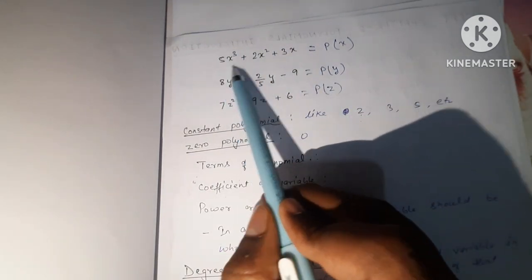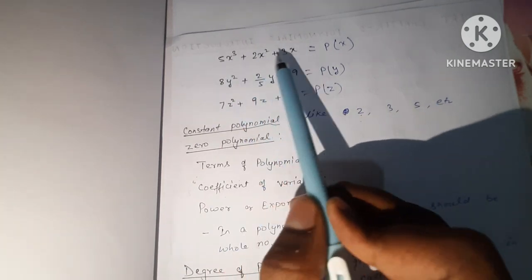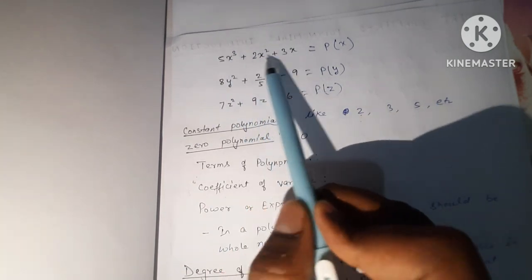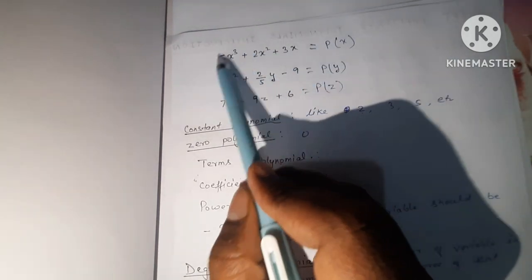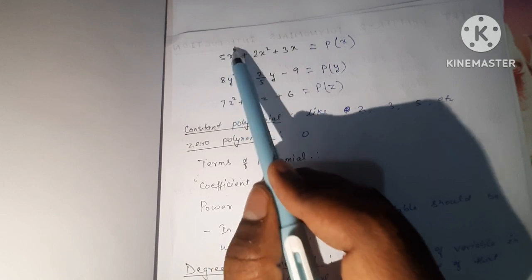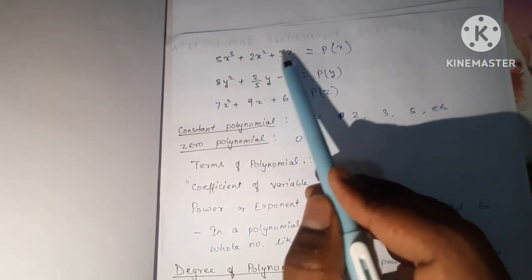Now if we count all the values, here is 1, 2, 3, so we say 3 terms are there. Term means this, the whole value becomes 1 value.